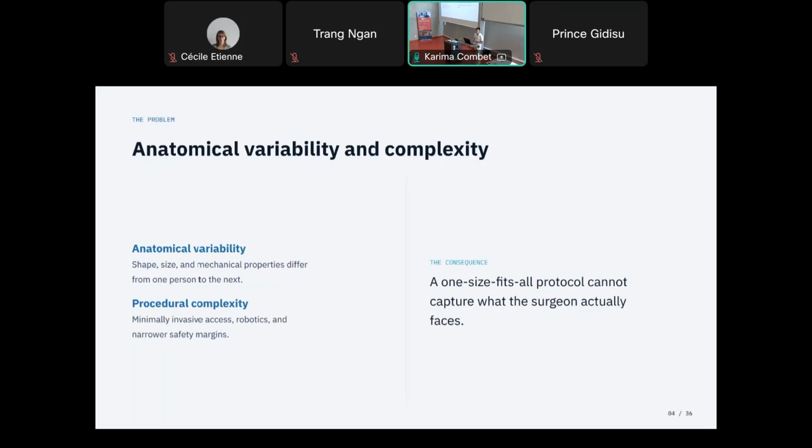A one-size-fits-all protocol simply cannot capture everything the surgeon is facing in the OR, and the goal of the digital twin is to fill the gap between this standardized protocol and the real patient anatomy. In fact, it can help the surgeon to better diagnose the patient and to avoid some mistakes and errors during the surgery.